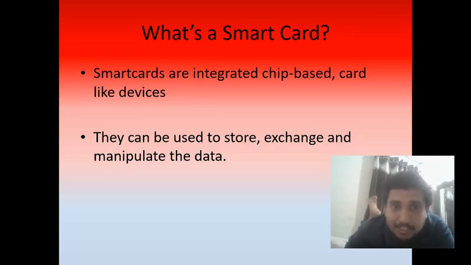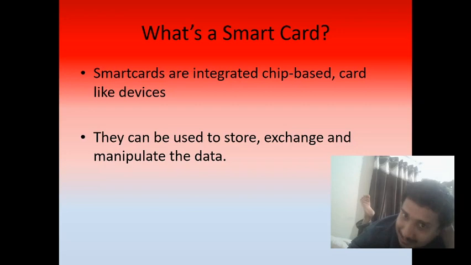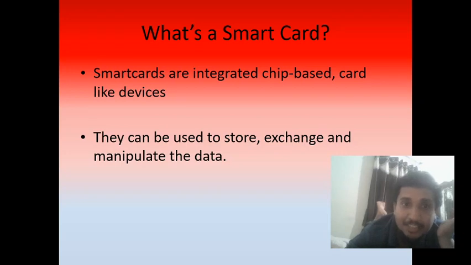If you take out your driving license, you would see that somewhere there is a small square which is gold plated, and inside that gold plated square you have the chip. In that chip the data is stored, exchanged, as well as manipulated, in the sense that the data can be changed. This is about a smart card.